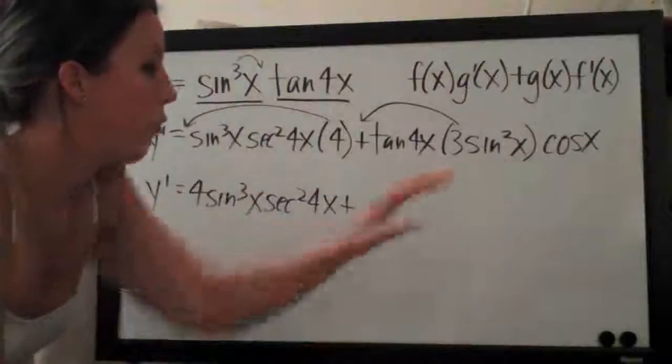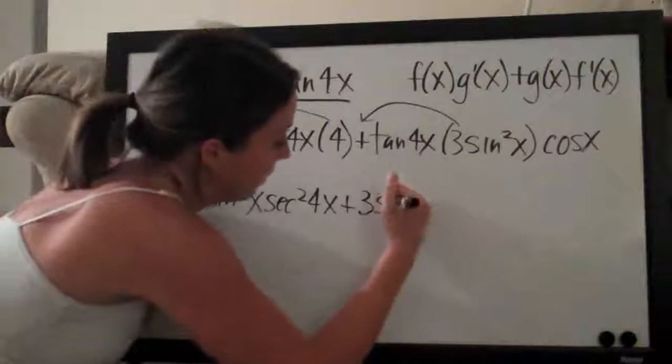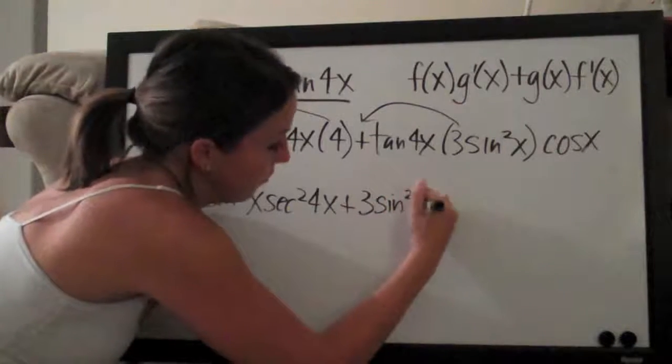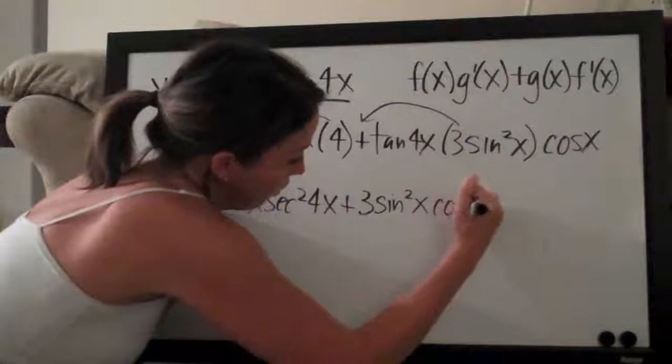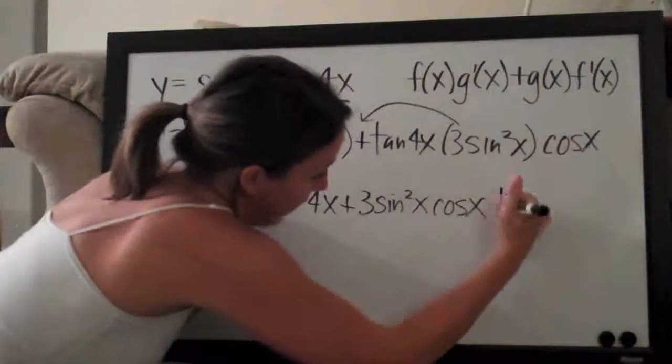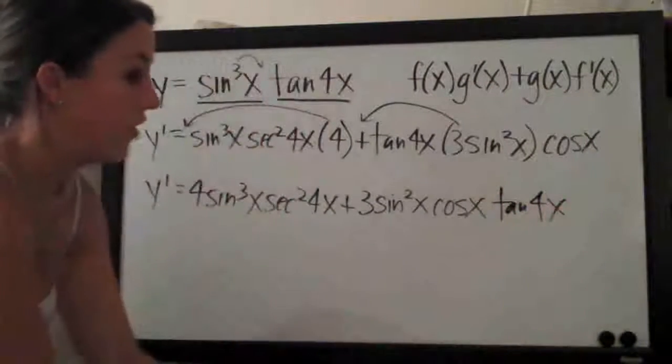That would be the proper order to write those trigonometric functions: you always want to write them first sine, then cosine, then tangent. So I'm going to do 3 sine squared of x first, cosine of x second, and tangent of 4x third. And that's our final answer.